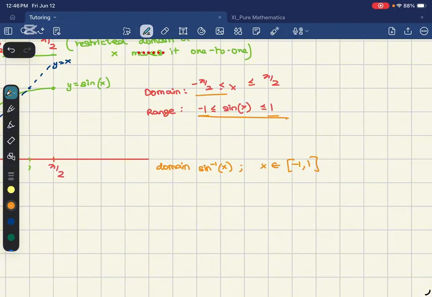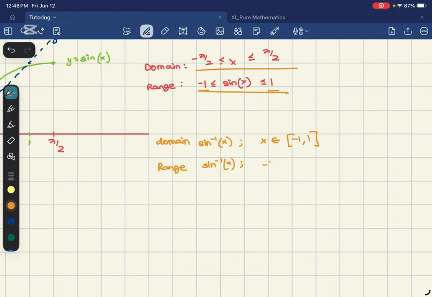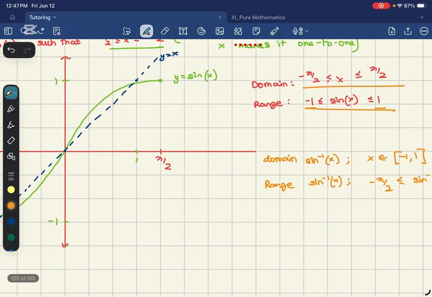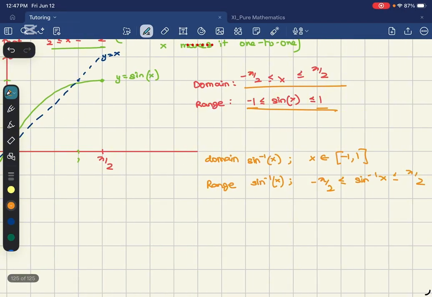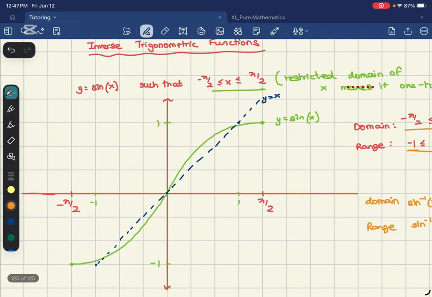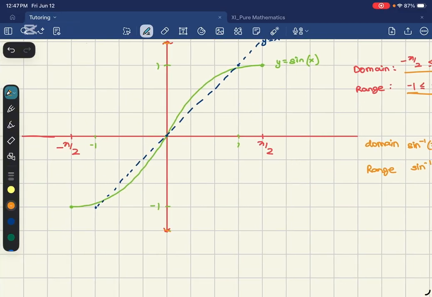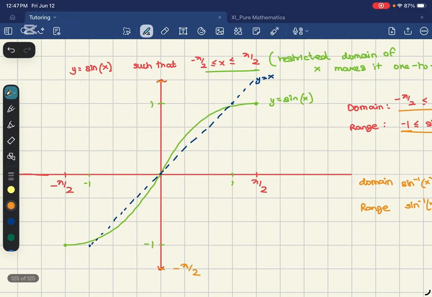And what is the range? The range of sine inverse of x is going to be from -pi/2 to pi/2. So at -1, you are going to get -pi/2.